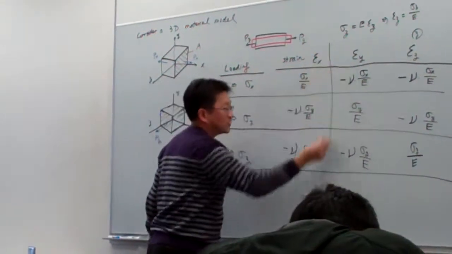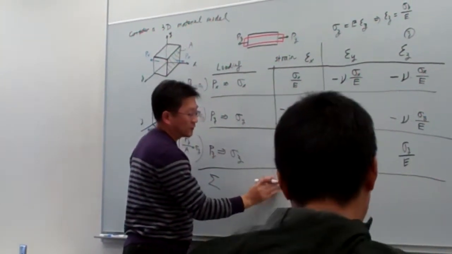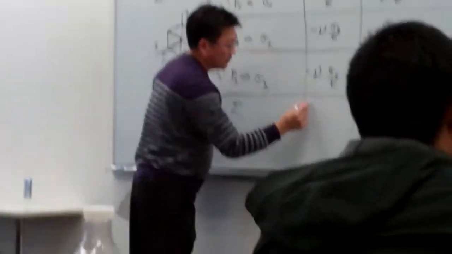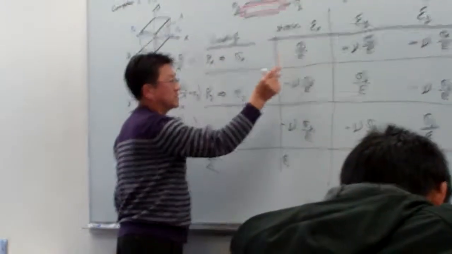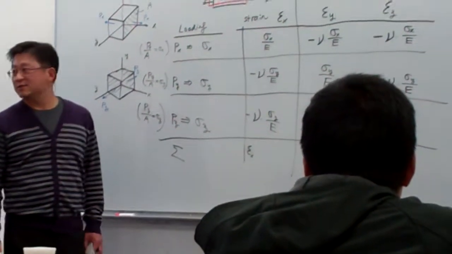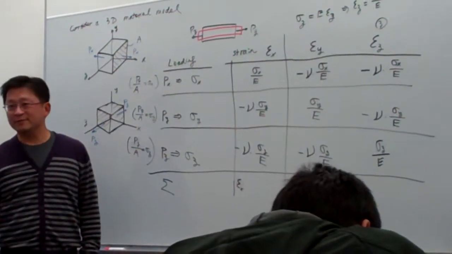So the summation of the three things together will be the total strain, the three terms together being the strain for that general loading case. Are we okay? That is straightforward. And then let me write out the equations.